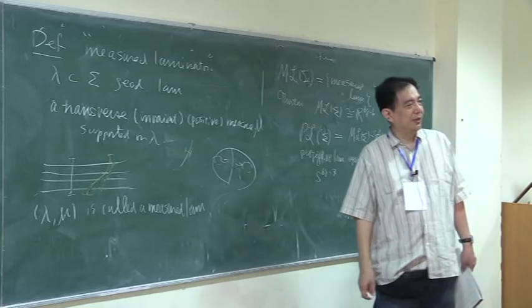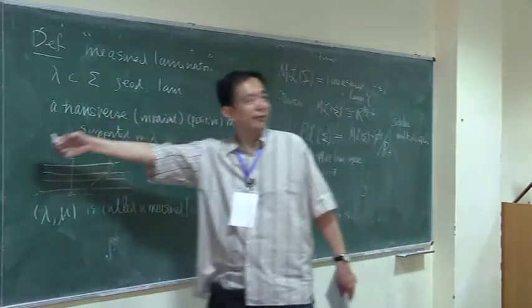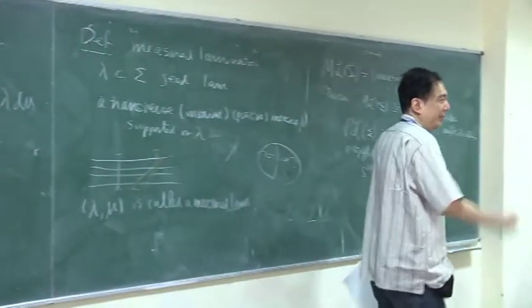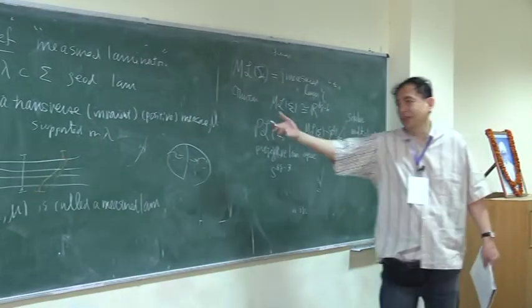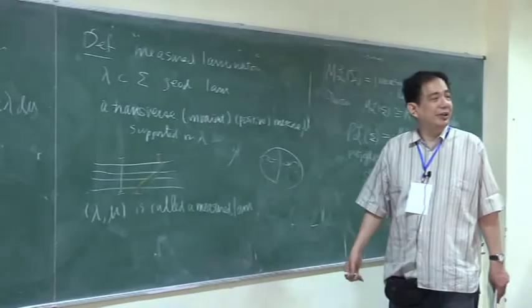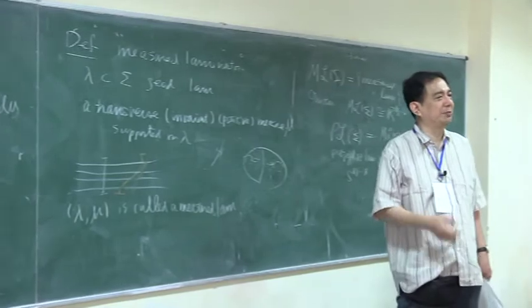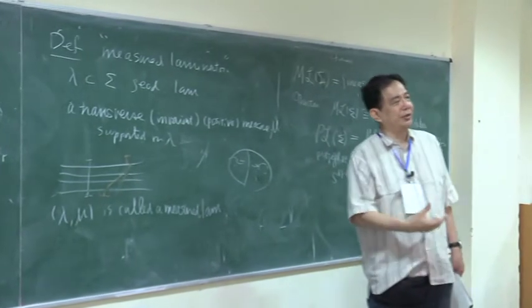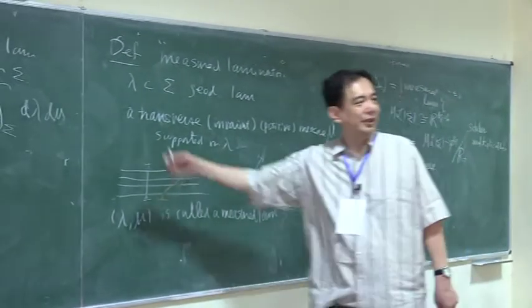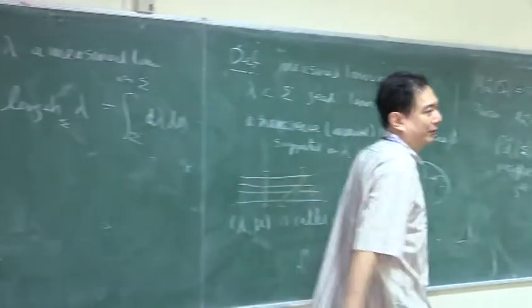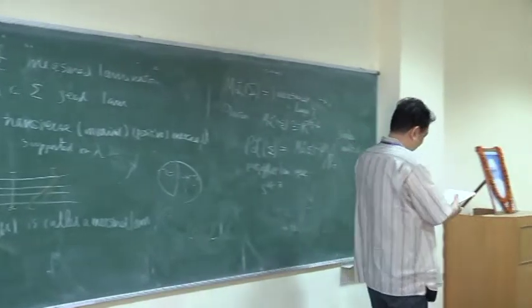So it's the generalization of the length of a closed geodesic. In the case of a closed geodesic, we put the Dirac measure as the transverse measure, and by this definition you get exactly the length of that closed geodesic.